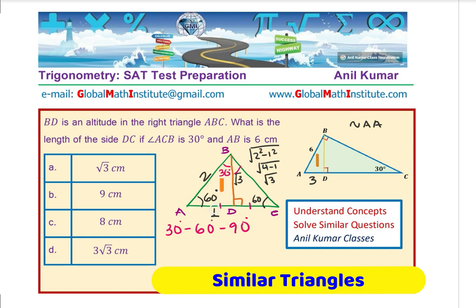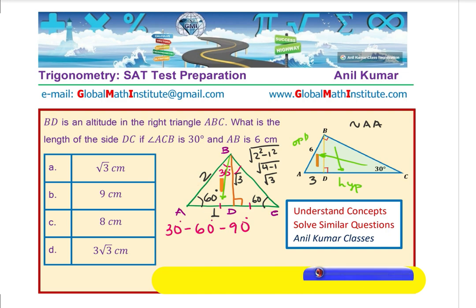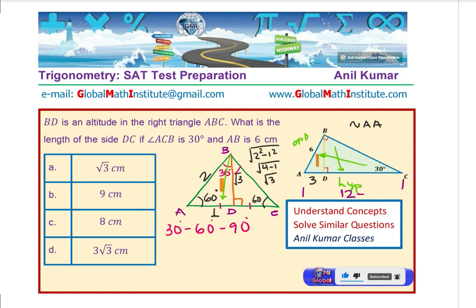Opposite to 30 and hypotenuse. Now if you see from this side, opposite to 30, this is 6, and that is the hypotenuse, right? So this is the hypotenuse, and that is opposite to 30, right? Kind of like this. Do you see that? So it is double. So that means that this particular length from here to here should have been 6 times 2 or 12.